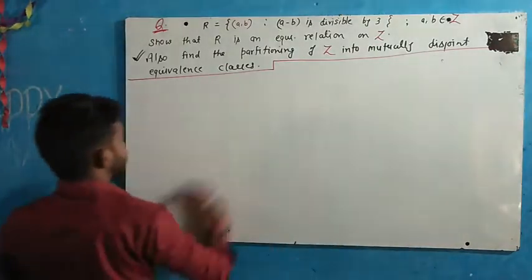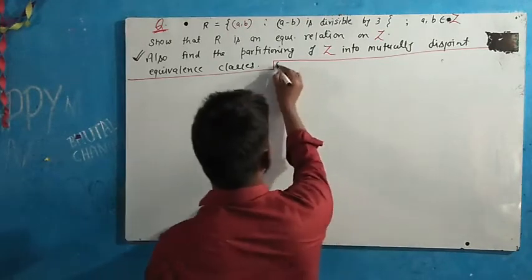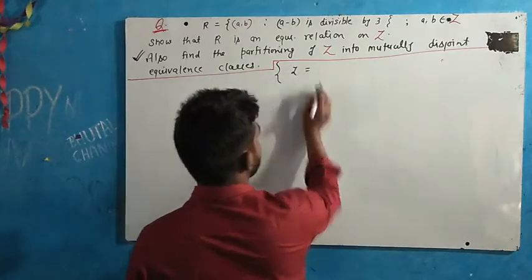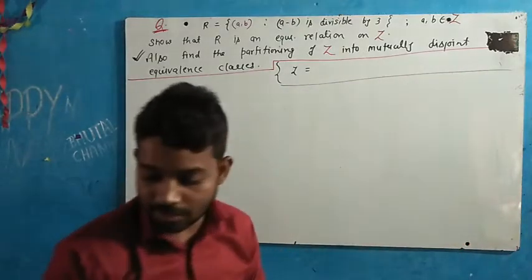Here the set Z is given like this. This is the set capital Z, the set of integers. Now see which kinds of numbers lie in the integers.